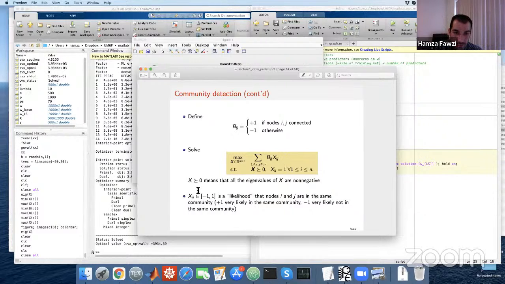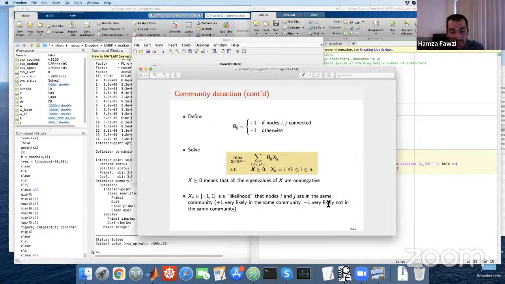But essentially what you want to do is to interpret Xij, which is a number. You can show that if X is positive semi-definite and the diagonal is equal to 1, then each entry of X has to be between -1 and 1. So we can interpret Xij between -1 and 1 as a likelihood, in quotes, that nodes i and j are in the same community. If Xij is equal to +1, it's very likely that i and j are in the same community.